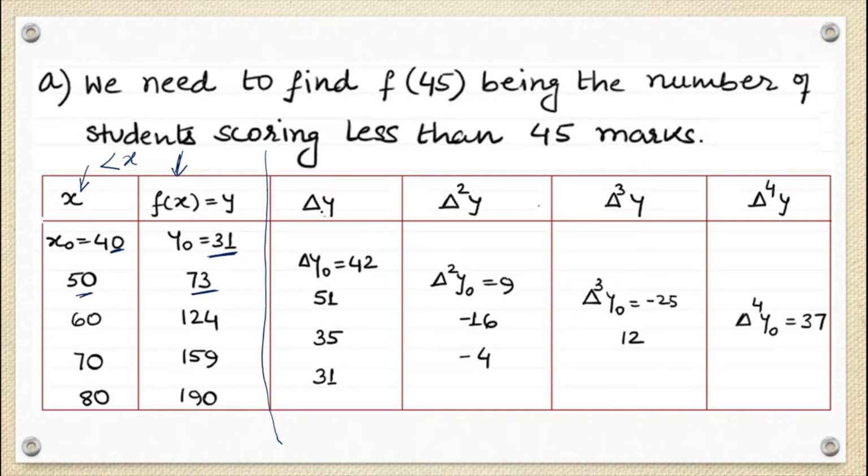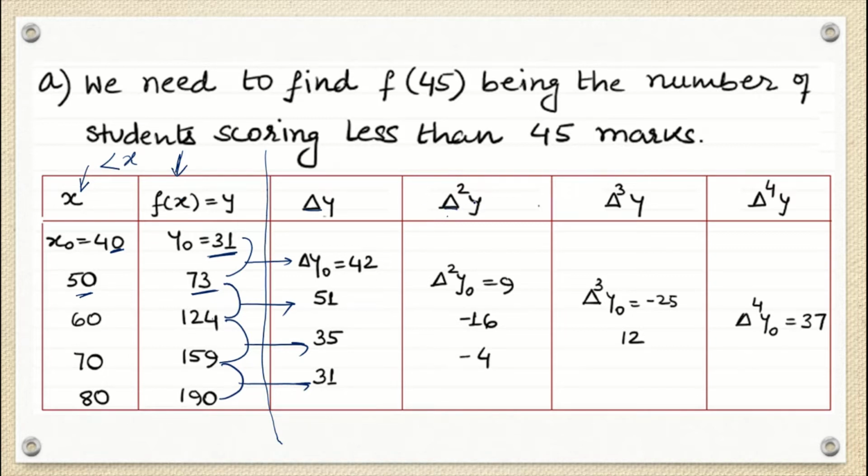Now we are going to find the delta y. Delta y is the difference between these two entries, then the difference between the third and second entry, and so on. We always write the difference in between them, otherwise the table will be very confusing. Since differences still remain, we add one more column, delta 2y.